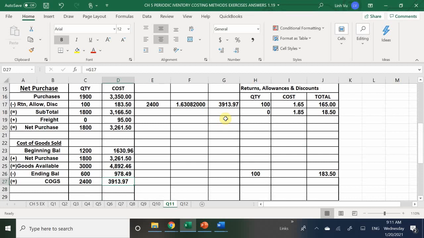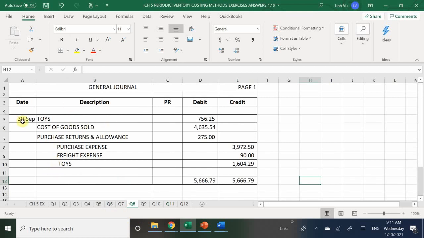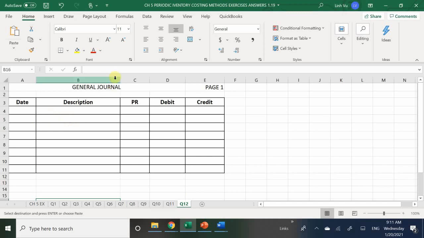We finished our worksheet. So the last thing we have to do is complete our journal. So I'm going to go ahead and do the same thing as from the previous section here. I'm going to copy the journal over to save some time, and I'm going to bring it over to the last section here.